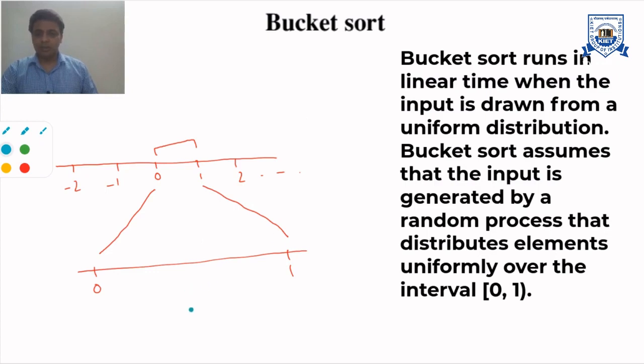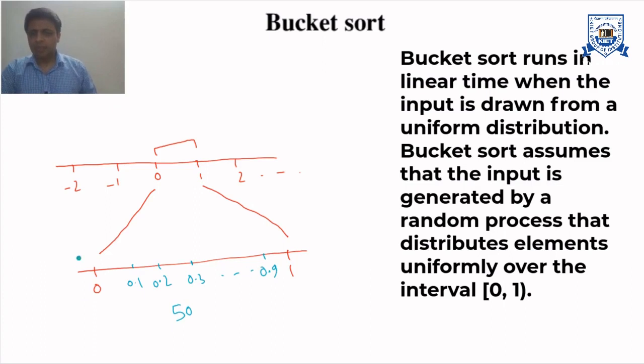Suppose I have 50 data values, and here is 0.1, this is 0.2, this is 0.3, and so on, up to 0.9. All the data which is given should be equally distributed.